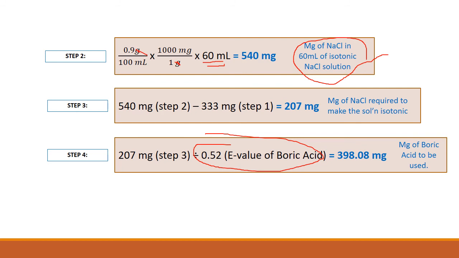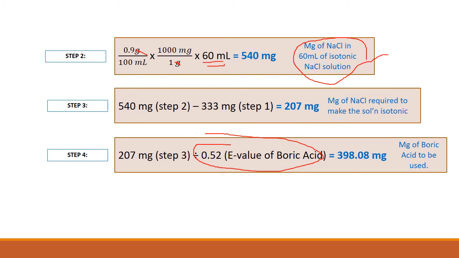But since we are going to get the milligrams, you have to cancel out the grams and convert grams to milligrams. You also have to multiply by the amount of our solvent, so you have 60 mL. So 0.9 times 1000 milligrams over 100 mL times 60, we have 540 milligrams. That is the milligrams of sodium chloride in 60 mL of isotonic sodium chloride solution.